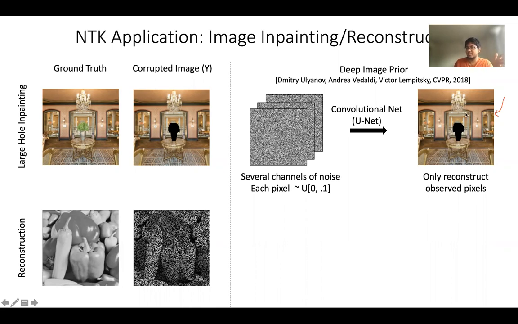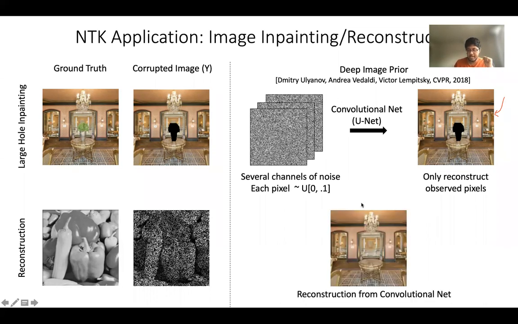So you basically tell the neural network it can put whatever it wants in this missing region. And the cool part is that neural networks already do a kind of amazing job at this task. You can see here that the neural network actually reconstructed the table reasonably well. It put in some kind of blur, at least in the center region, but it matches the textures and colors of the rest of the image.